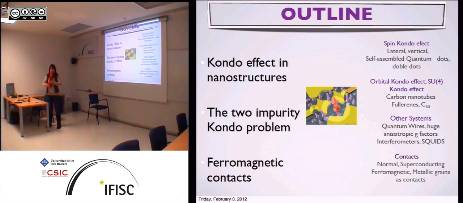This means that the work of both interactions, the Coulomb interaction and the kinetic energy due to the interdot tunneling, results in an effective antiferromagnetic interaction between the spins of the dots. So at the end, the two spins sitting in each impurity want to form a singlet state. This is the main message, and you can see how this is built.